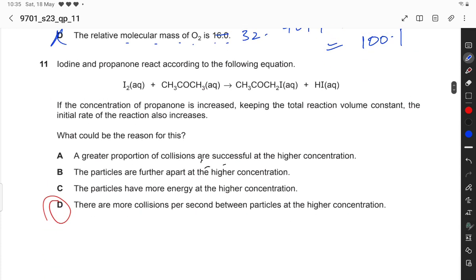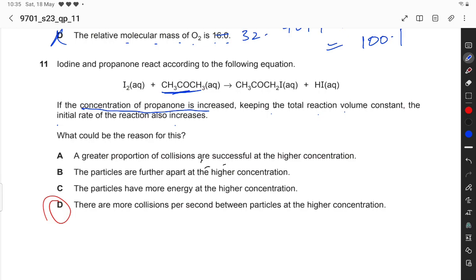Iodine and propanol react according to the following equation. If the concentration of propanol is increased, keeping the total reaction volume constant, the initial rate of the reaction also increases.